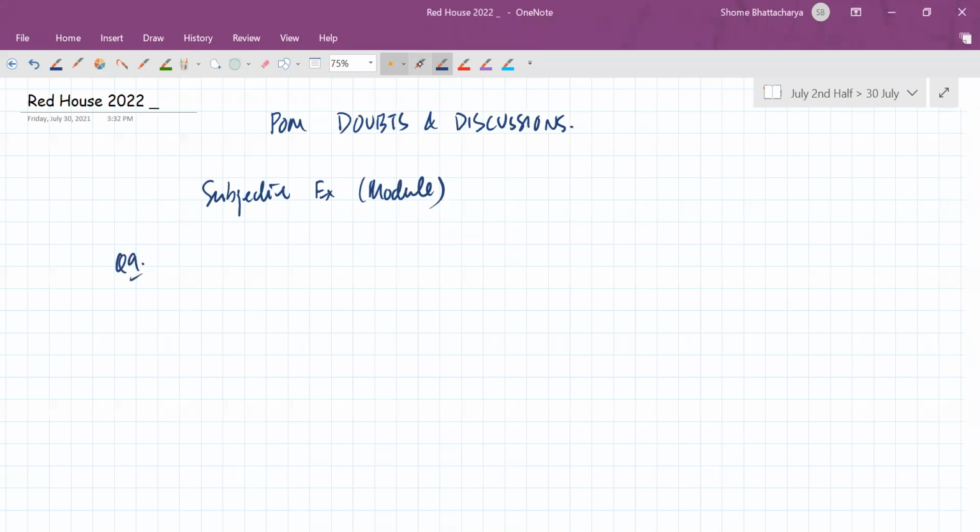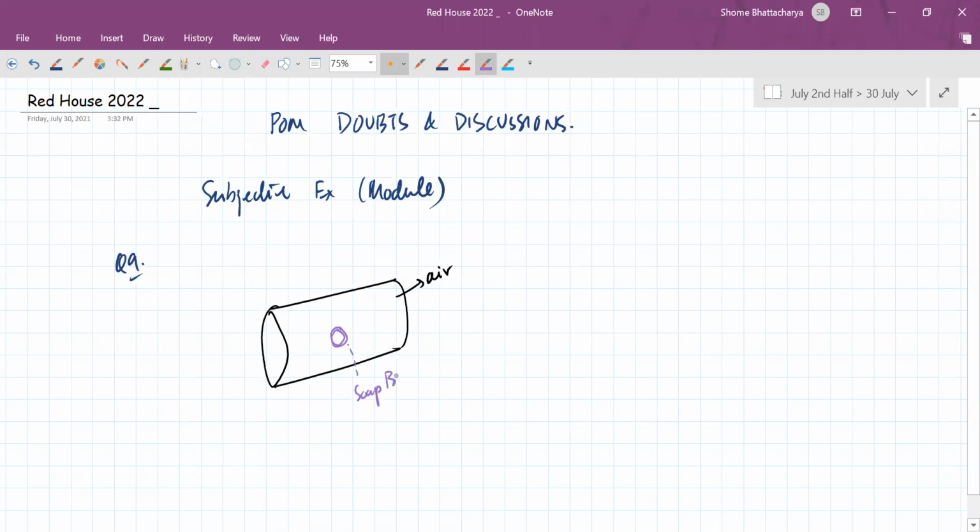In this, what is happening is that we have a cylindrical tank in which there is air, and inside that there is a soap bubble. Initially, the air is at atmospheric pressure.